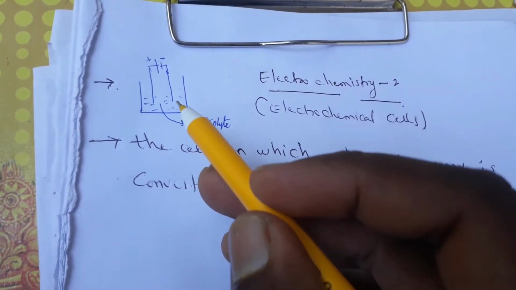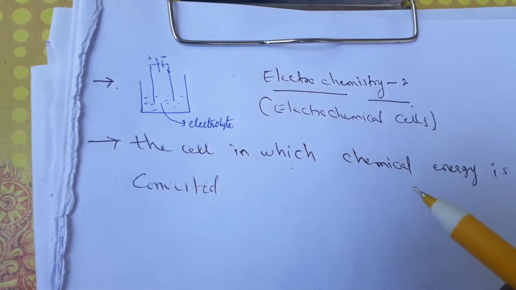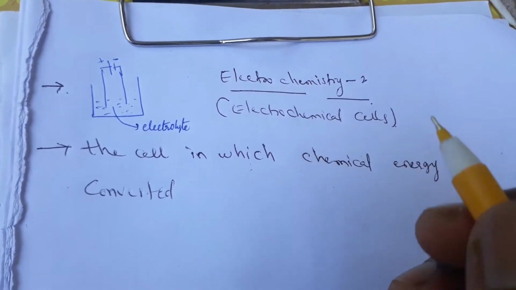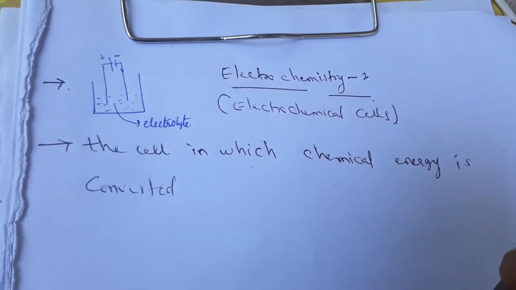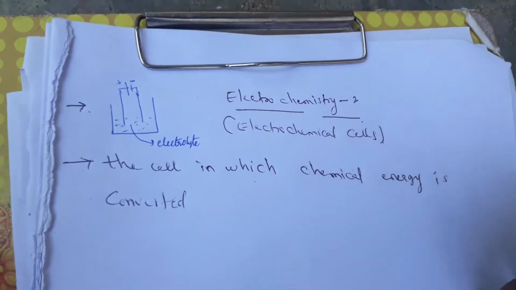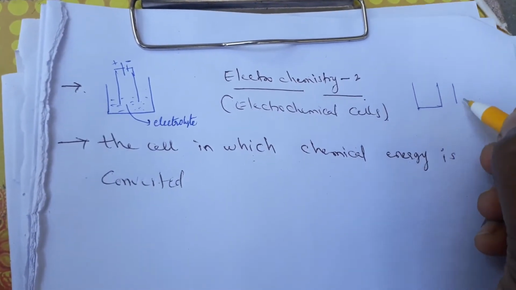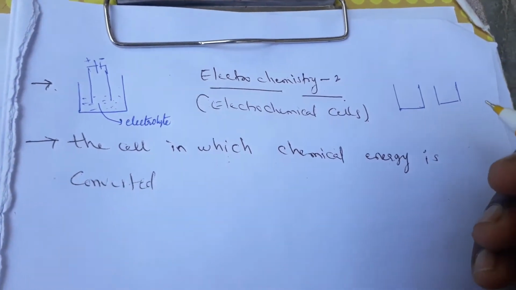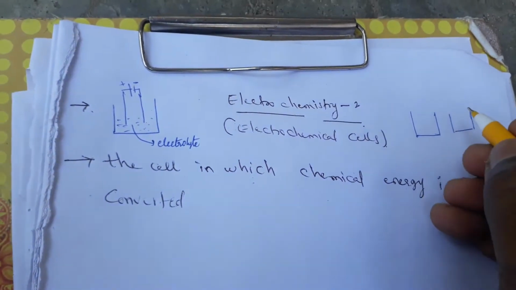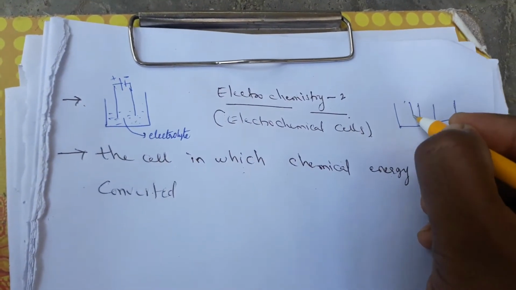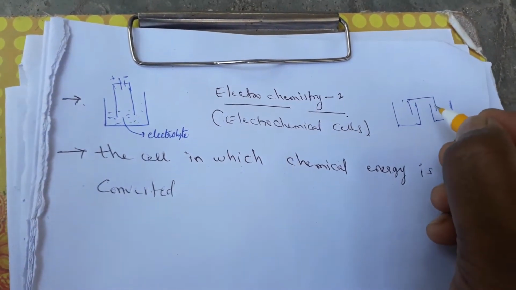So in this chapter, electrochemistry 2 or electrochemical cells, we will discuss how chemical energy is converted into electrical energy. In this, we deal with two beakers connected with a salt bridge.